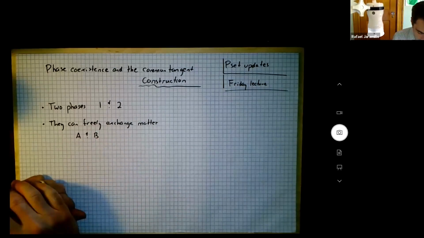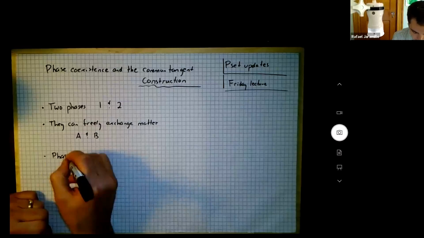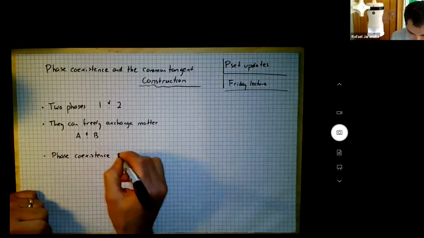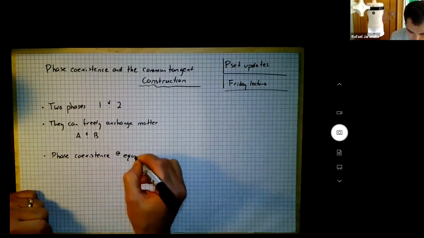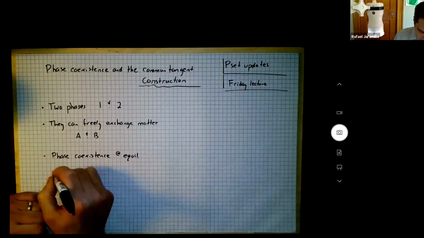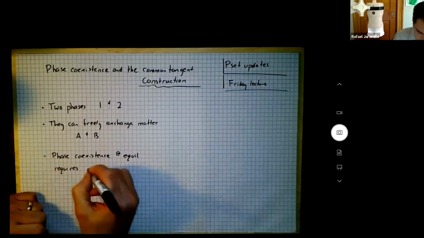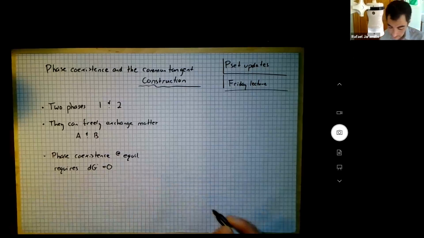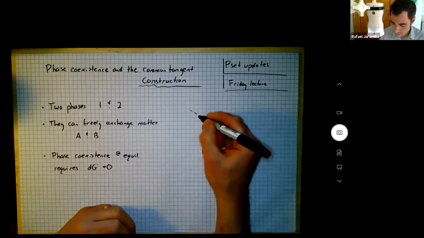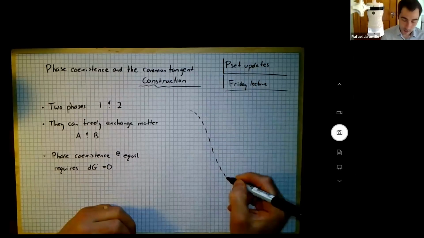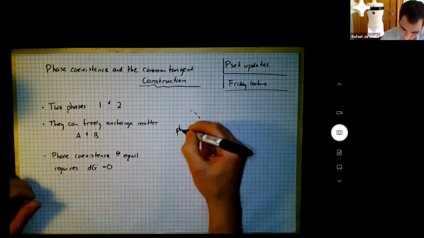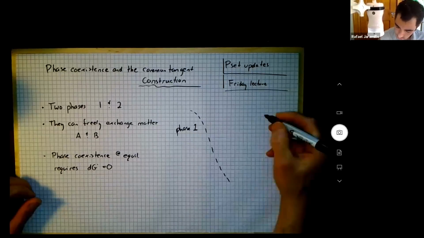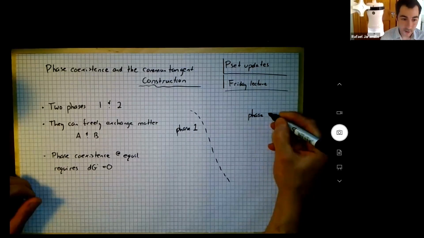And we know that phase coexistence at equilibrium requires that the Gibbs free energy is stationary. So here's our little picture. We have phase 1, phase 2.